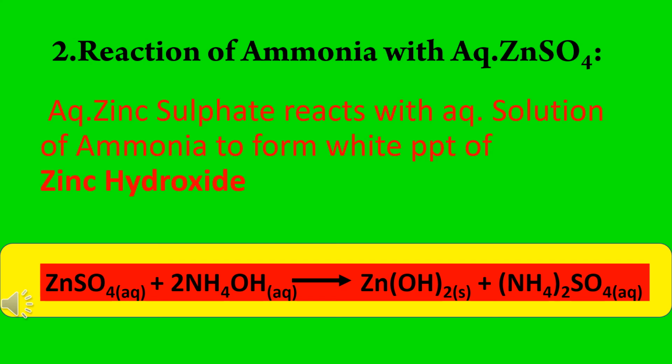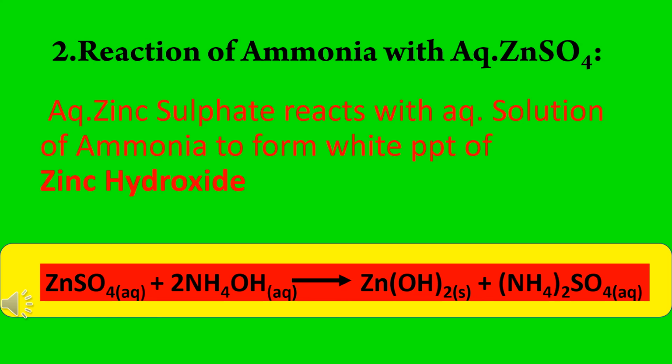The reaction is ZnSO4 plus 2NH4OH gives rise to Zn(OH)2 plus (NH4)2SO4. That is, zinc sulfate on reaction with ammonia solution forms a white precipitate of zinc hydroxide.